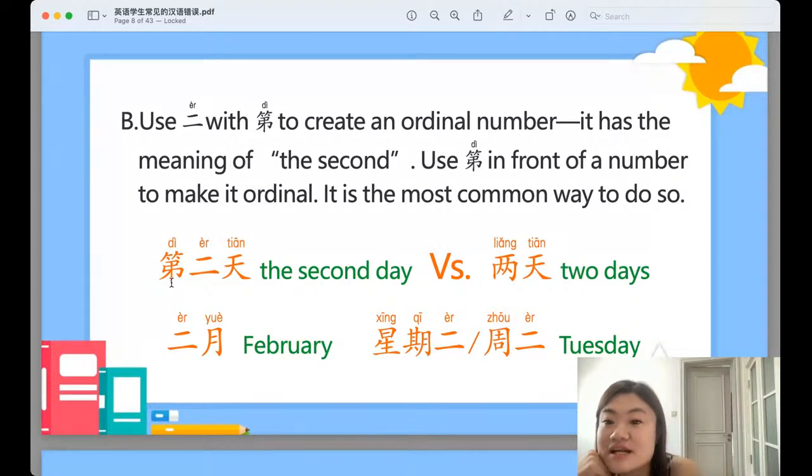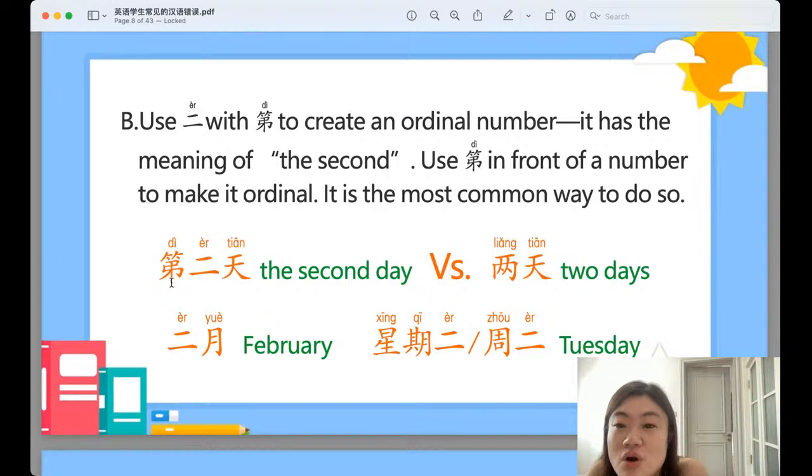Versus if you say 两天, you use it more to count things. If you say 2 days, you say 两天. But February, because it's the second month of the year, you say 二月.